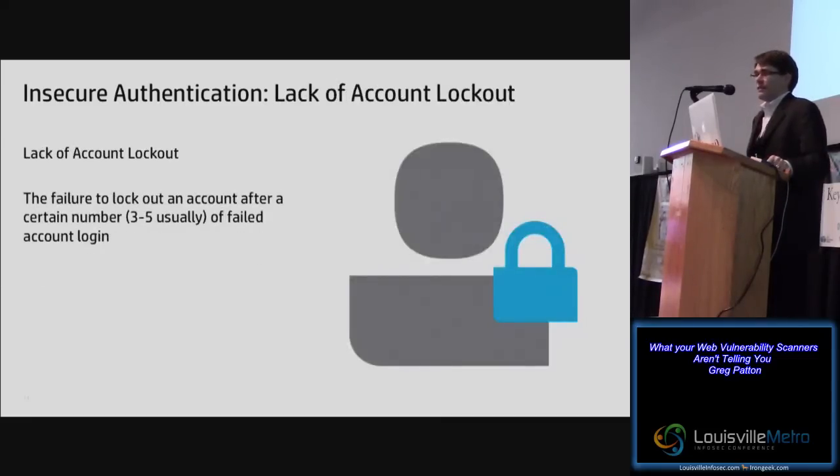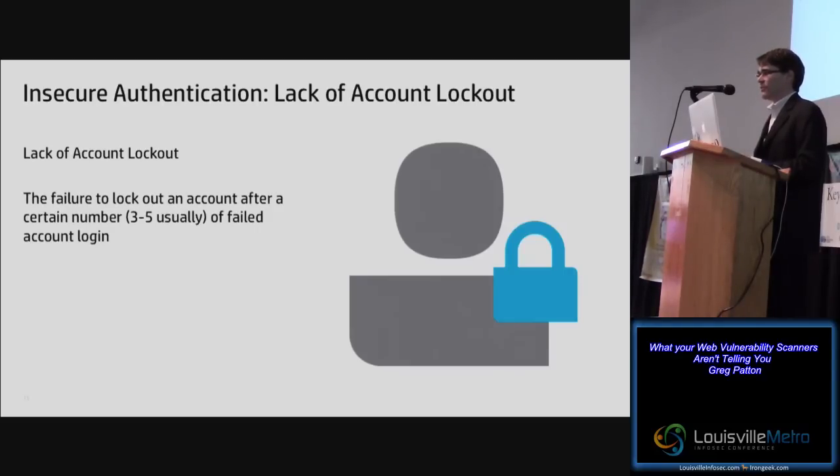Another thing that vulnerability scanners miss a lot is the lack of account lockout, and this is for good reason. Scanners don't want to lock their sessions out while they're testing, so they often don't test the lockout controls on an application. But I'm sure you're all familiar with a lockout policy.